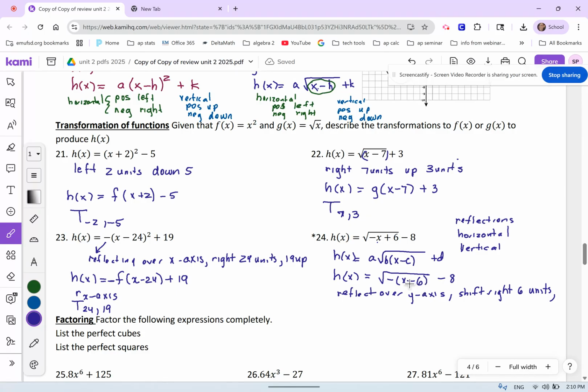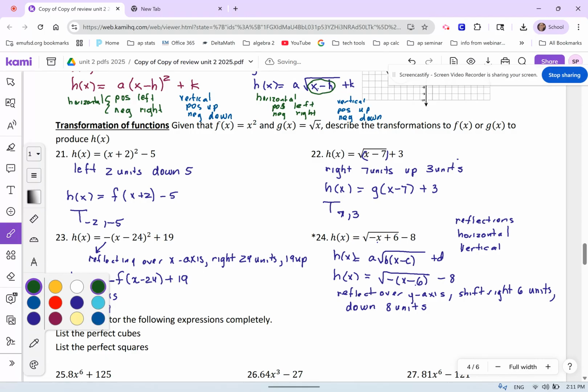And it's right because it's a negative 6, so you're moving right 6 units, and then you're doing the vertical motion, down 8 units. So that was like a little trickier.